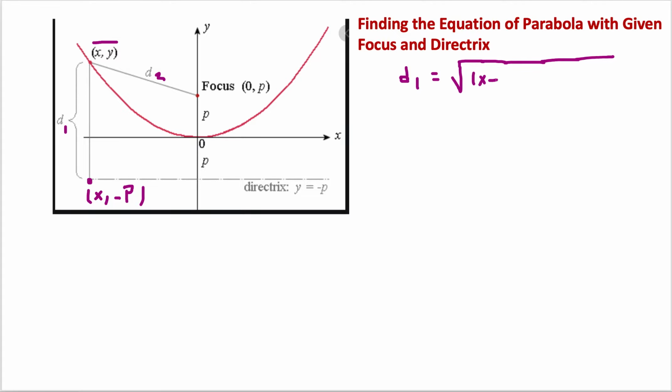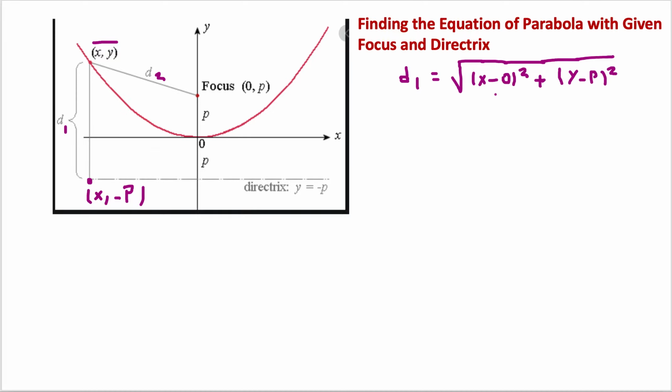So x minus 0, and for the y's, y minus p, since I'm going in this direction. So for d1 we got x minus 0 squared plus y minus p squared.